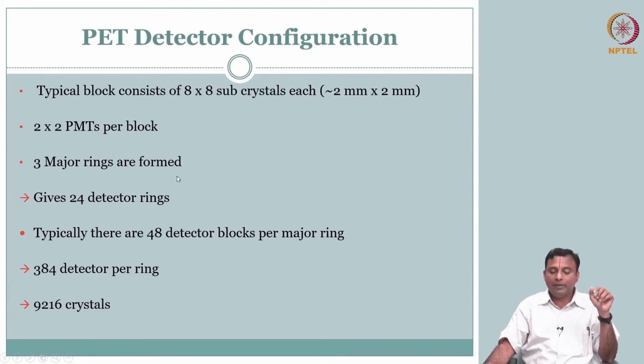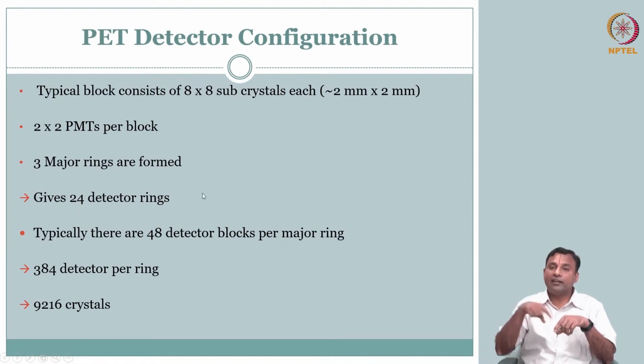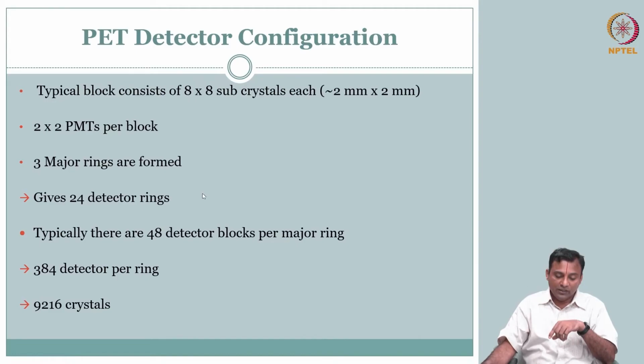What we saw is 3 major rings formed, based on the block. But each block has 8, so you can look at it as 24 detector rings. Typically there are 48 detector blocks per major ring, along the circumference.